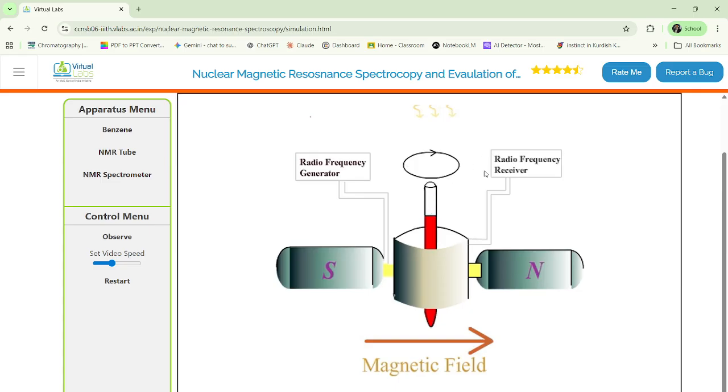Then when it returns to the alpha energy state, it emits the same amount of radio frequency energy, and we receive that energy here with a receiver. Then we send it on to a detector and find out what's happening. The detector, using a computer, gives us a proper proton NMR spectrum with different signals for the sample. Now, that's all of it.